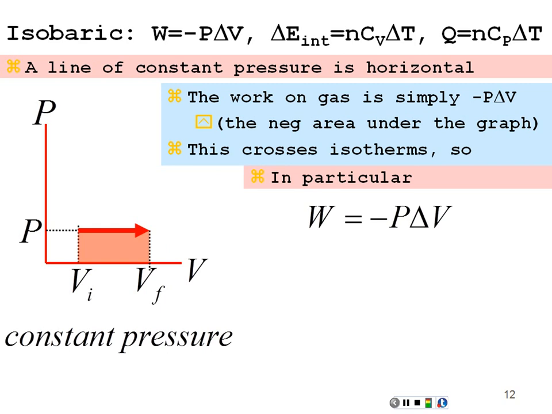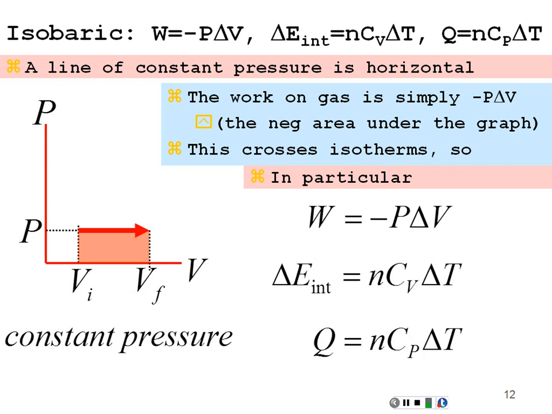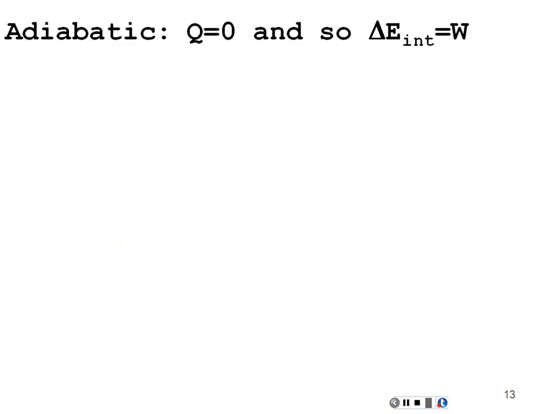So in particular, work is equal to negative P delta V. Change in internal energy for any change of state is going to be N C sub V delta T, as we proved earlier. And for this particular case, our heat added is going to be N C sub P delta T. So that will be our three variables for that.